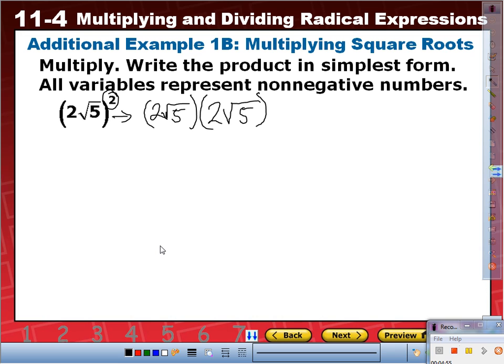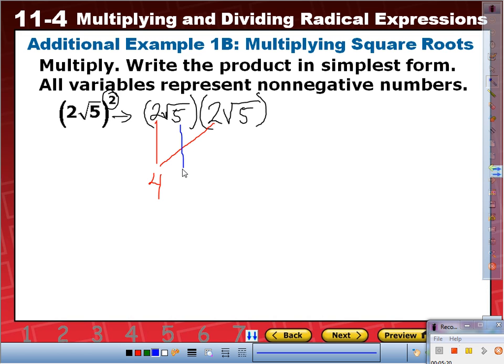So, according to the steps that I gave you, it says simplify. Can I simplify this radical anymore? No. How about this one? No. Step 2, multiply coefficients times coefficients. What's the coefficient here? 2 and 2. So what is 2 times 2? 4. Now, radicals times radicals. Step 3.